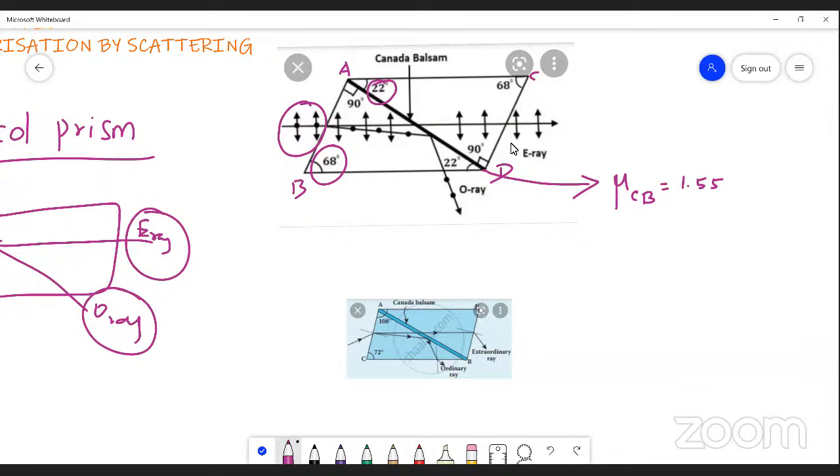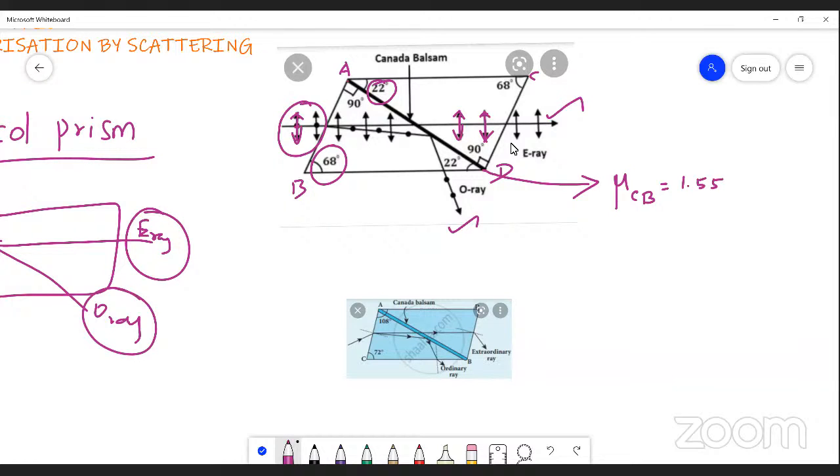Unpolarized light has vibrations in the plane and dot vibrations perpendicular to the plane. On the basis of double refraction, the extraordinary ray passes through the Canada balsam, and listen to me, this vibration is named this.